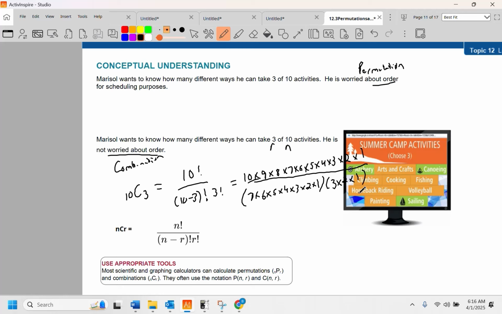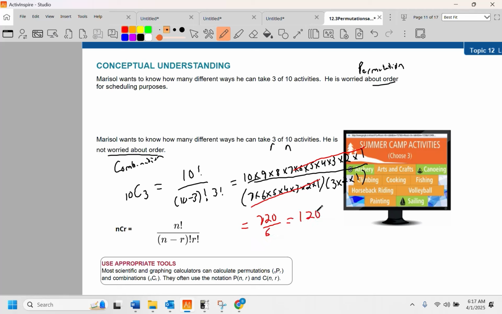And I'm going to start throwing some stuff away. This 7 all the way to 1 gets thrown out of the top and the bottom. And I'm left with 10 times 9 times 8, which is 720, over 3 times 2 times 1, which is 6, and I get 120.